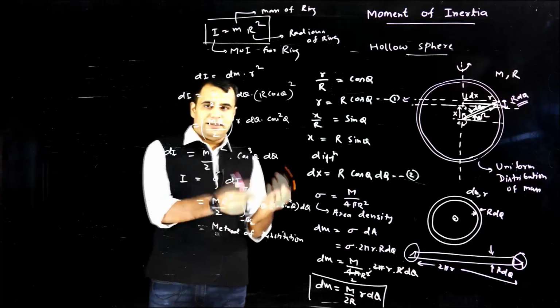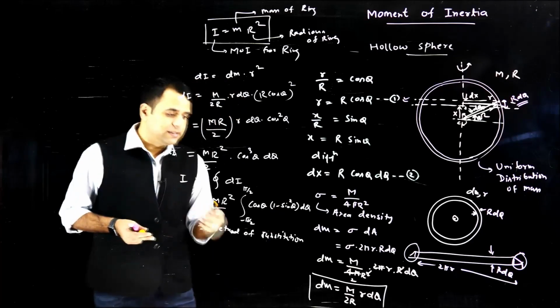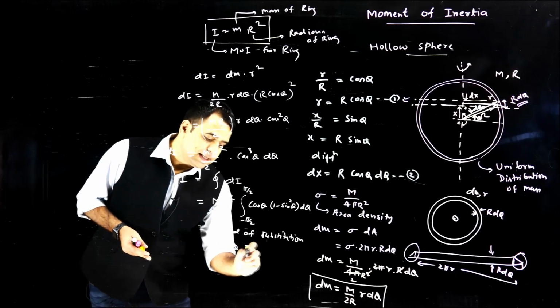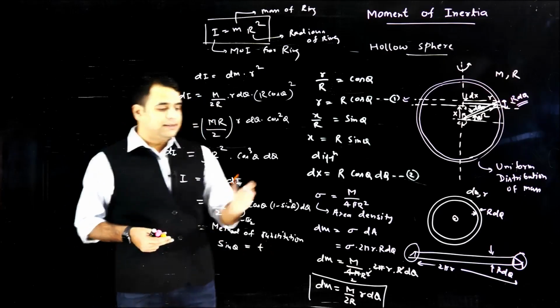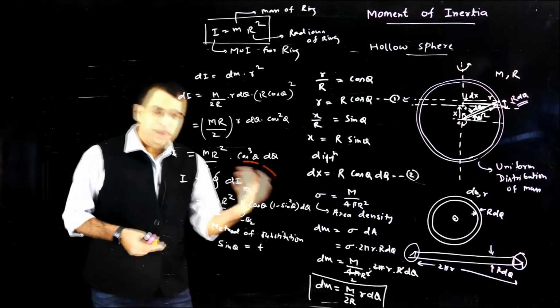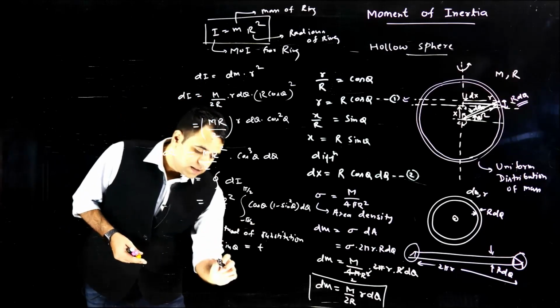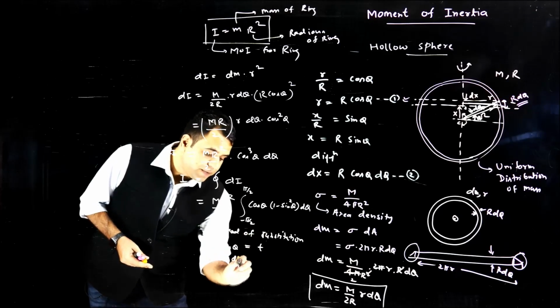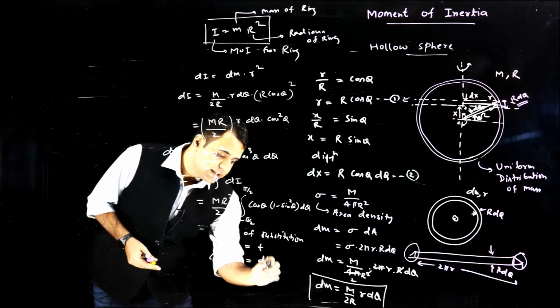Here this theta I'll substitute by something else, and what I'll do is write this sin theta as t. If I write sin theta as t, then I have to replace the d theta also. If you differentiate sin theta equals t, it will be cos theta d theta equals dt.